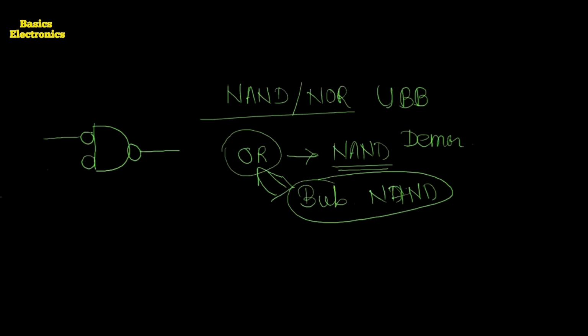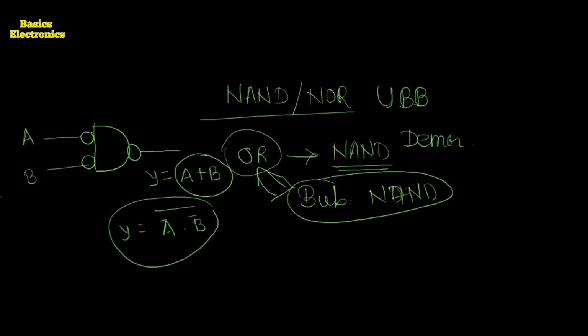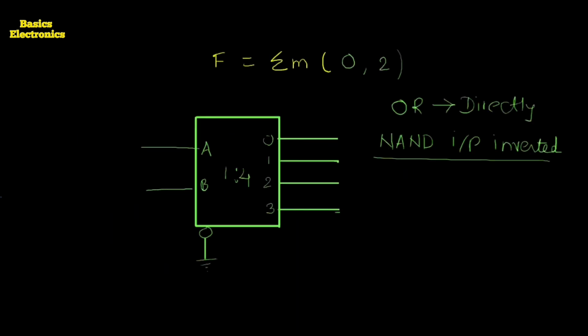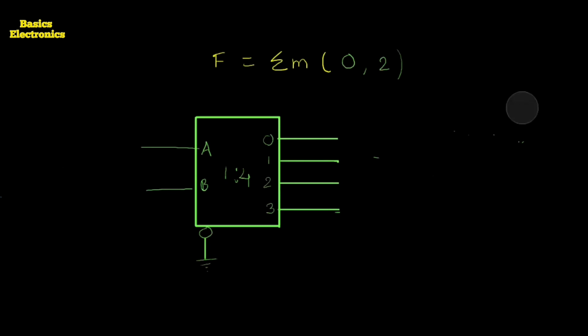If the inputs are A and B, then the output becomes Y equals A plus B. So if we implement the equation by using the NAND gate, we apply inverted inputs. We just make one small change: we draw one bubble here, one bubble here, and one here also.